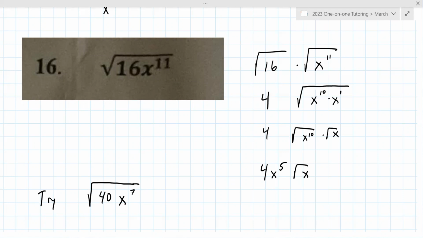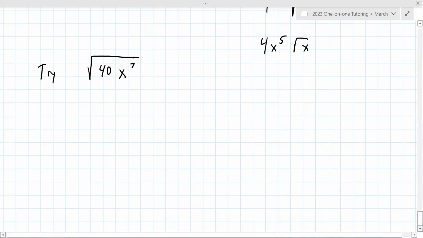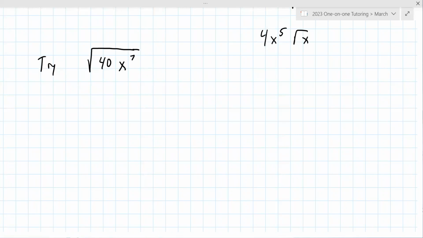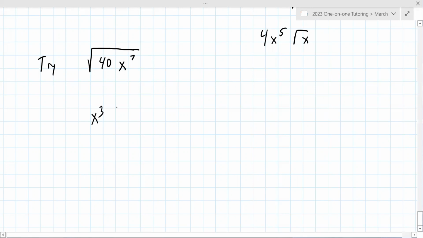How are you doing on this one? Pretty good. Okay, just keep going. I got x to the third times the square root of 10.